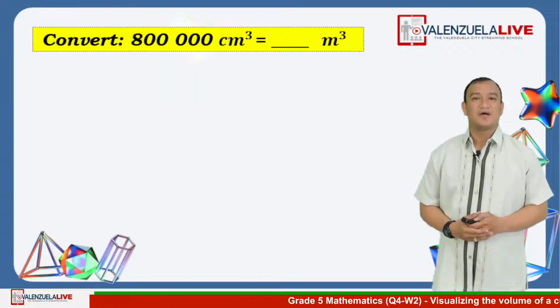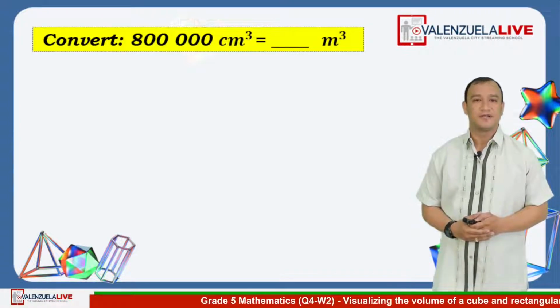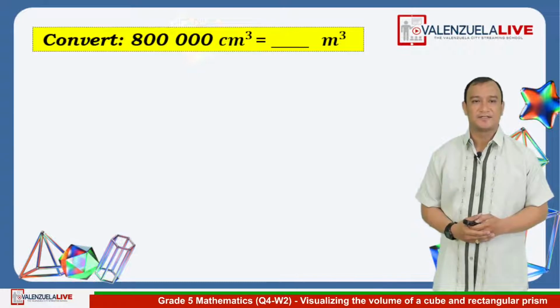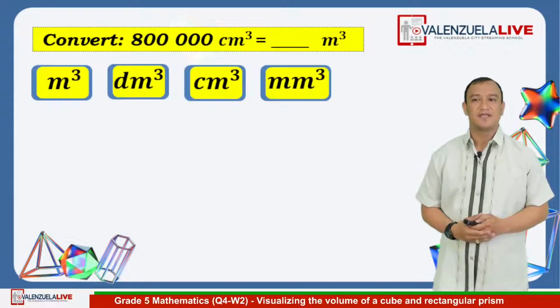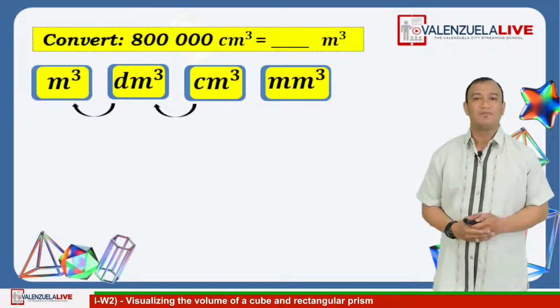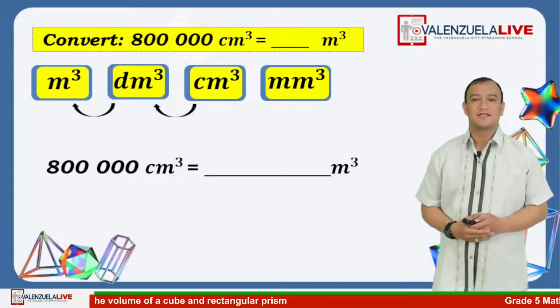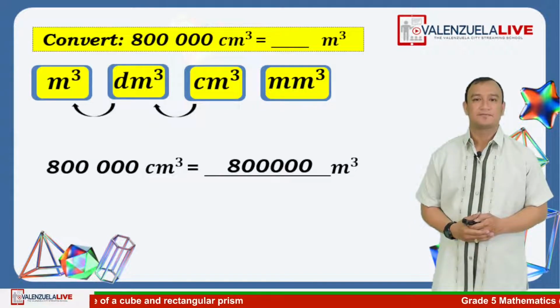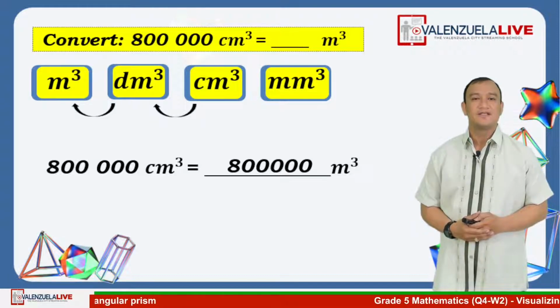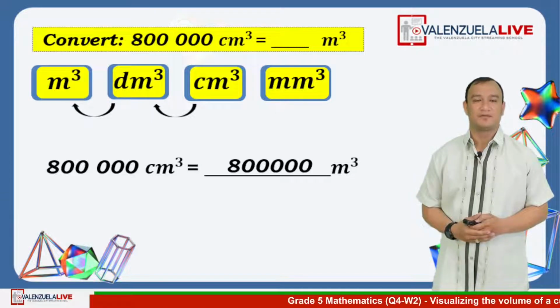Another way is by counting the number of jumps or movements from centimeter to meter. In this case, we have 2 jumps or moves. So we have 1 million and it is composed of 6 zeros. So we should move the decimal point of the given number 6 times to the left and put a decimal point.